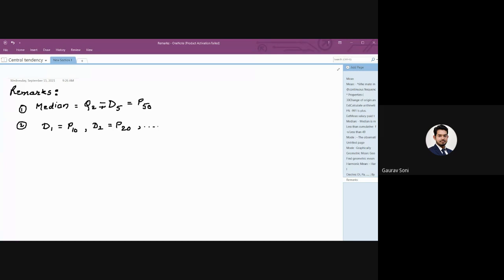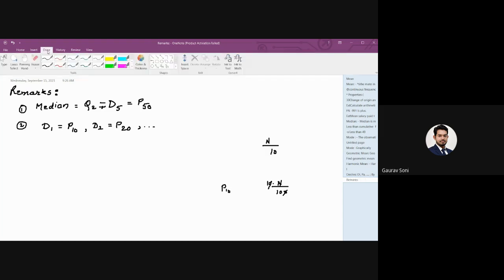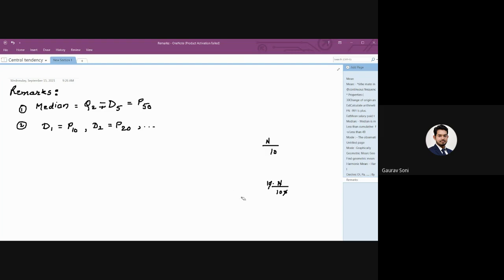Why is this so? For D1, what you are going to have in the bracket is n by 10. And when I'm talking in terms of percentile, it is 10 into n by 100. So that will become n by 10 in the bracket. So 10th percentile is the first decile. I hope it is clear to everyone.